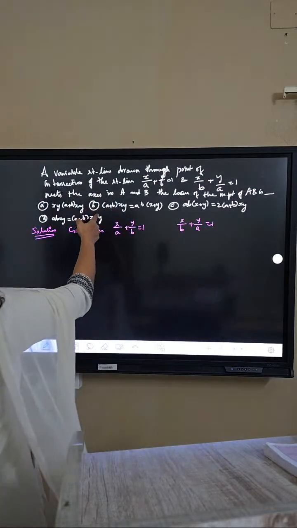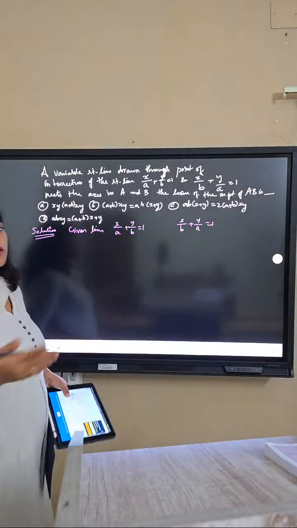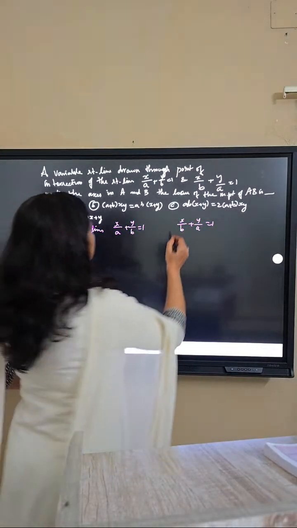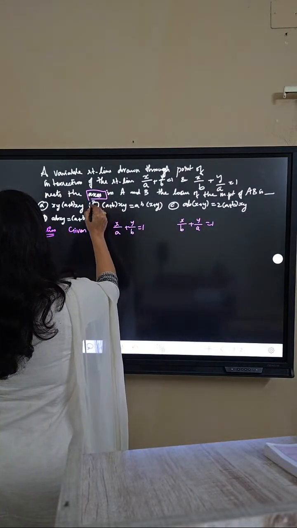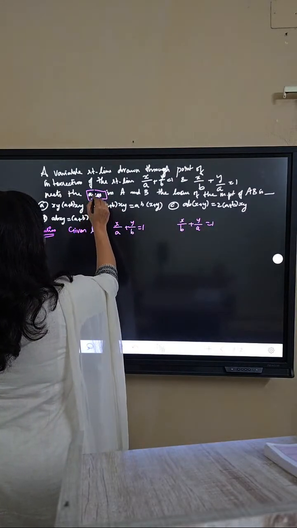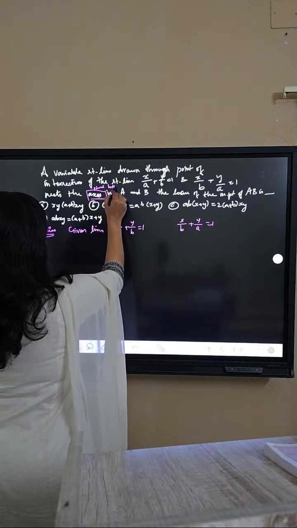It meets the axis in A and B. So it meets the x axis and y axis. Axis here is plural, that means both x and y axis.